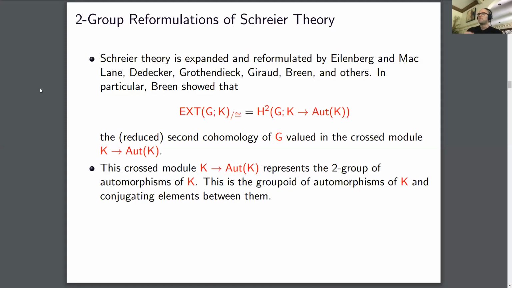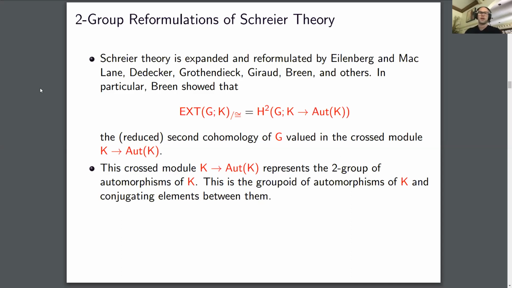I titled the slide 2-group formulations, but in fact, Eilenberg and Mac Lane started by reformulating Schreier theory into the language of group cohomology. And I think, I'm not certain, but I think this was one of their motivations for articulating group cohomology in the first place. Dedecker extended this idea further.